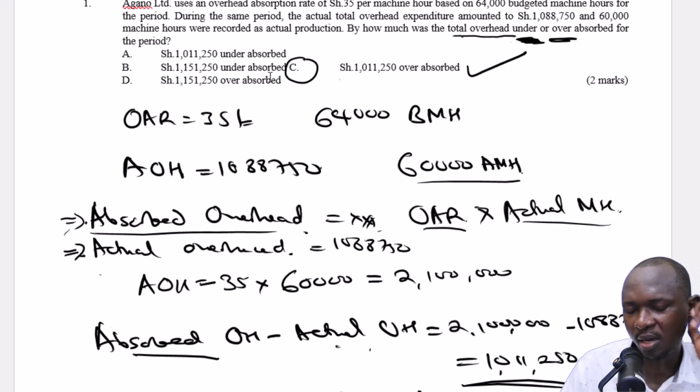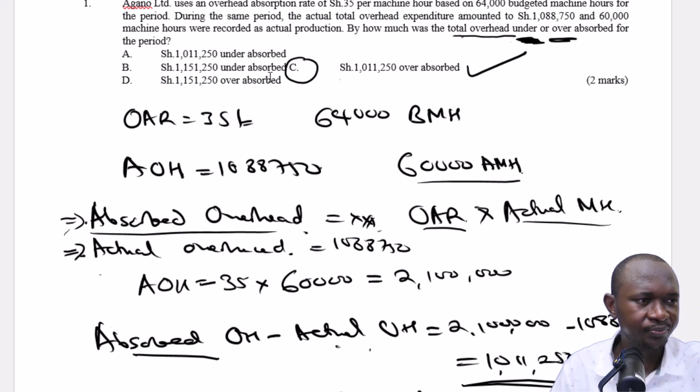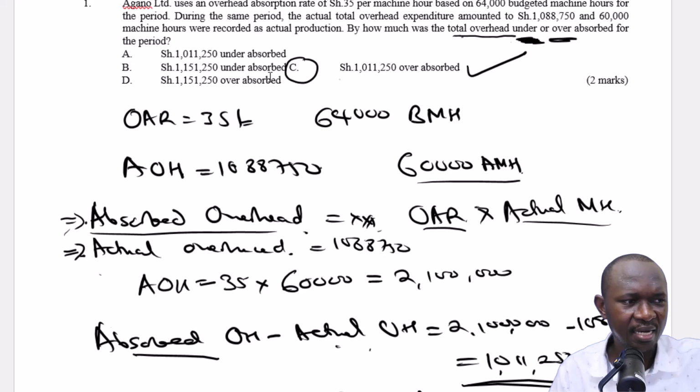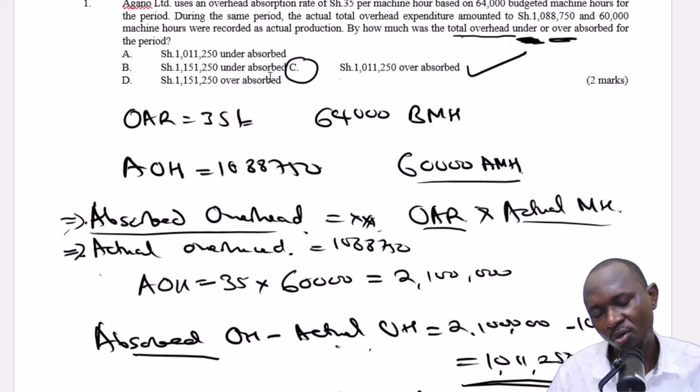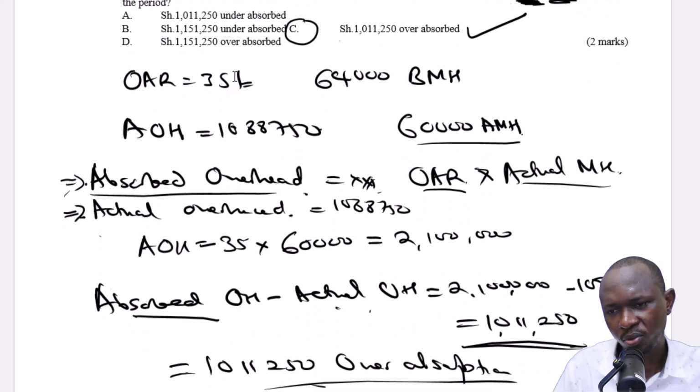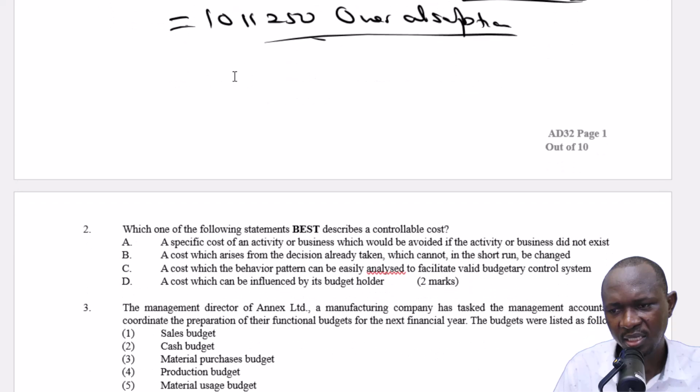Over absorption occurs when the absorbed overheads exceed the actual overhead. That means that the company has absorbed more overhead than it has actually spent. We call that over absorption. So that is the answer to Question 1, the answer is C.